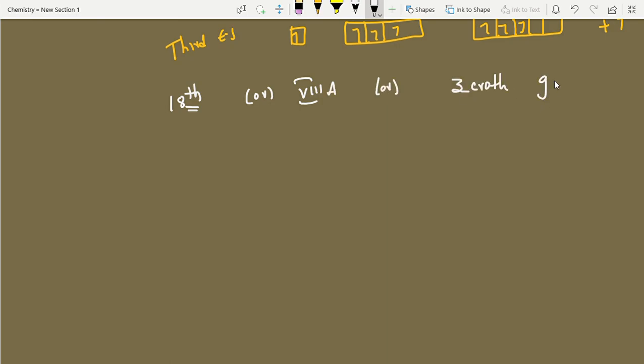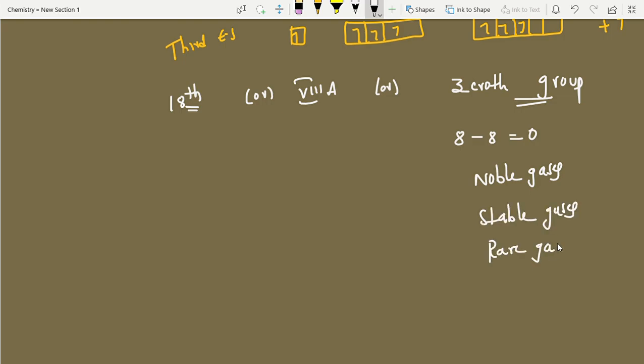Why 0th group? 8 minus 8 is 0. 8 is common; we are taking from the 15th group elements, 8 minus 5, 8 minus 6, 8 minus 7, here 8 minus 8. That's why 0th group elements. And the noble gases are also rare gases, and we call them aerogens because they are available in air.